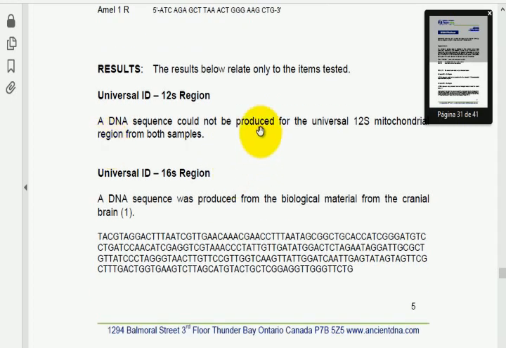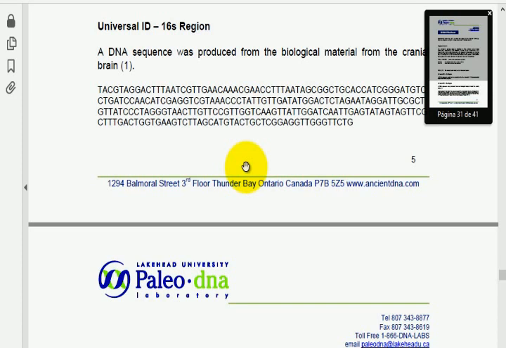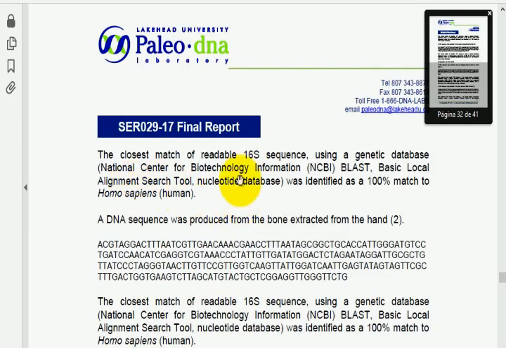Again, now the 16S region. A DNA sequence was produced from the biological material from the cranial brain. The cranial brain is the first sample, remember. Then the results of the final report, remember, Lakehead University Paleo DNA Laboratory, very good quality laboratory.